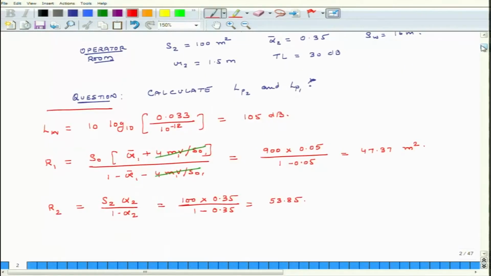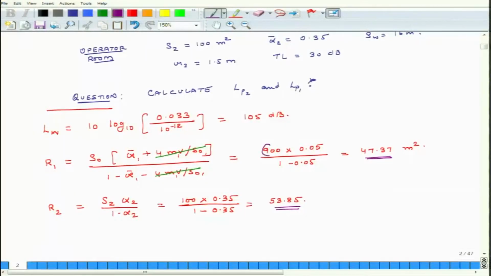Okay. So, it is important to understand something here. The room constant for the first room is 47 and for the second one is 53. If you look at the size of the room, the first room's internal surface area is 9 times more.